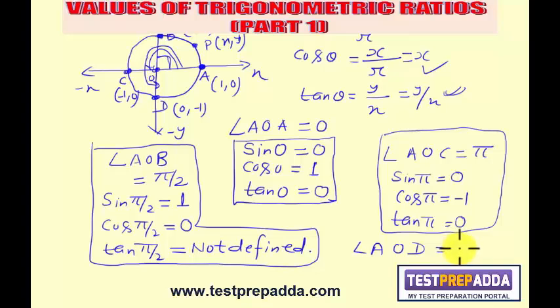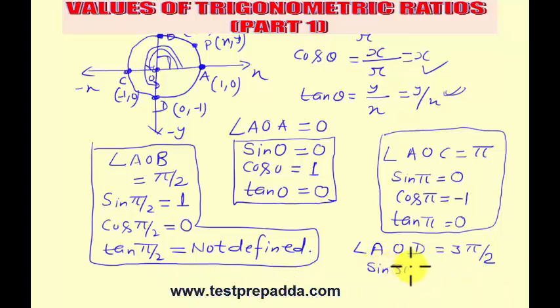And keep in mind, you have to move anti-clockwise for a positive angle, and that is 3 pi by 2. So if I talk about sine 3 pi by 2, what is the y coordinate at D? The y coordinate here is -1. So sine 3 pi by 2 becomes -1.